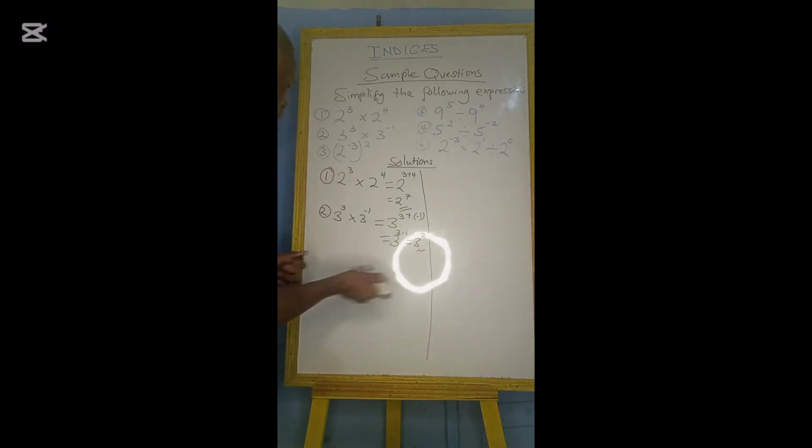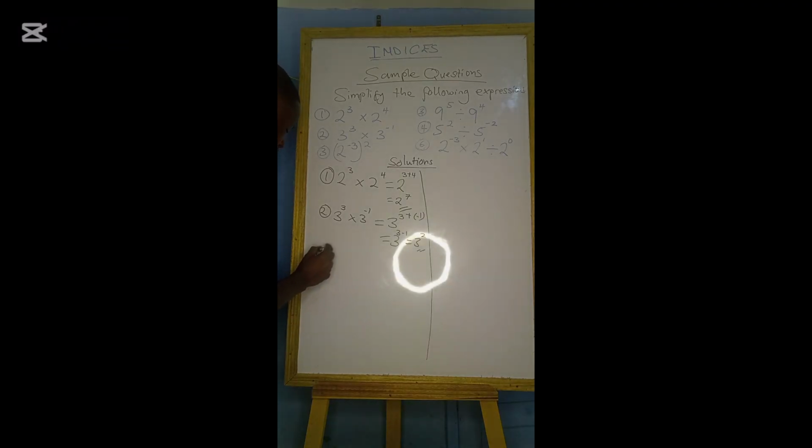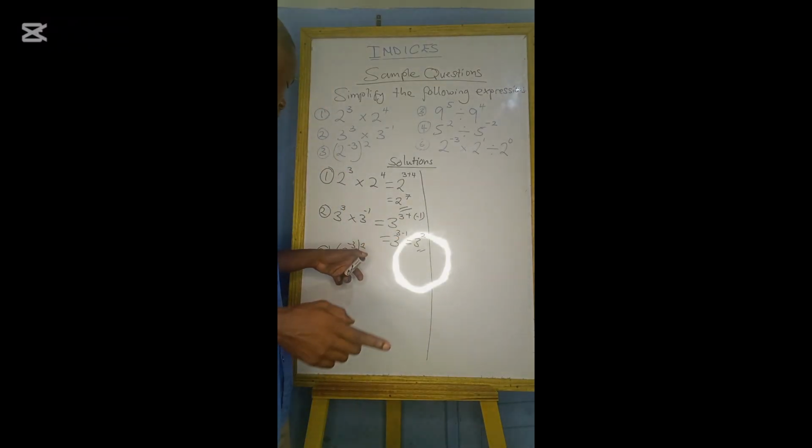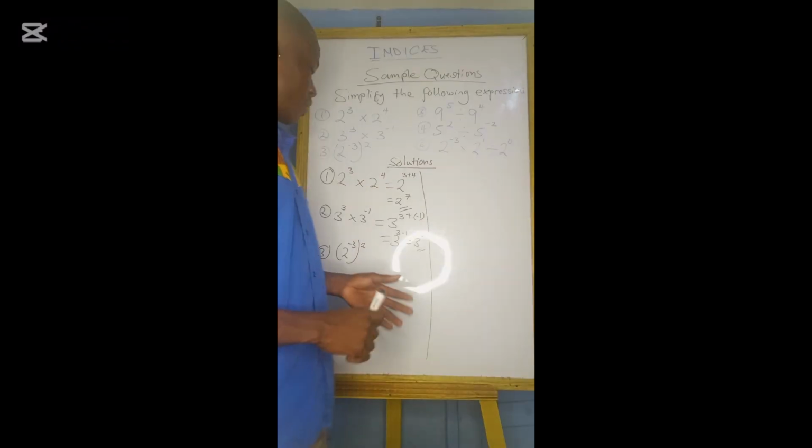Let's look at the third one. The third one is talking about power of the power, 2 raised to the power -3, all inside the bracket to another power. And this is the 5th rule or is it the 4th rule? I can't remember. This is the application of the power of the power.